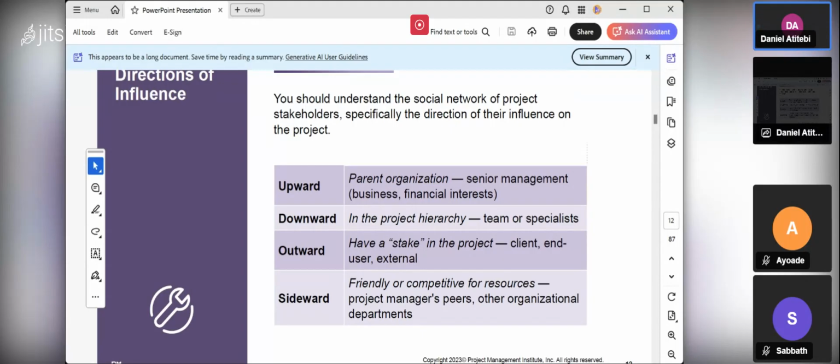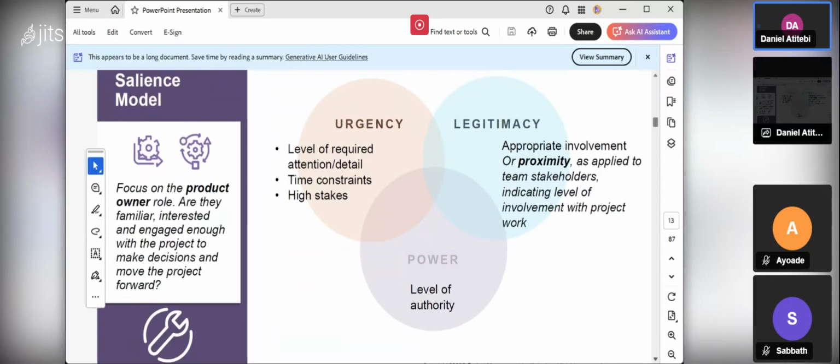You need to know that project manager so that you can negotiate resources with them, or other organizational departments who will be engaged or who you are going to work with when you are carrying out your project management. So these are the directions of influence. You are supposed to understand who these people are for effective running and implementation of your project. Very key for you to do that.